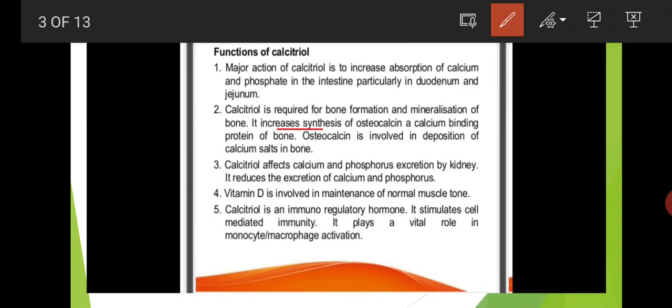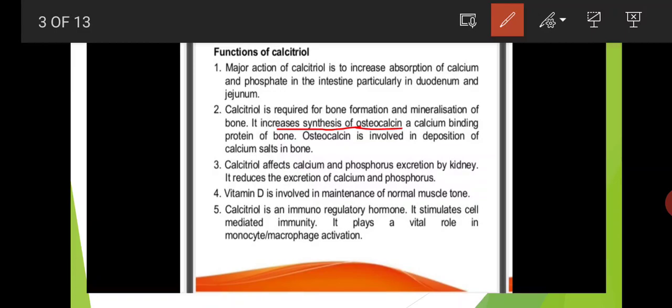This osteocalcin is involved in the deposition of calcium salts in bone.